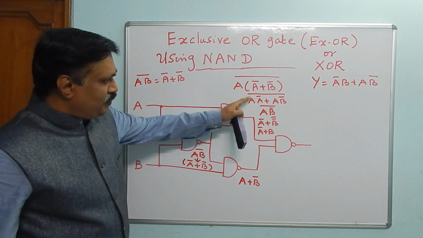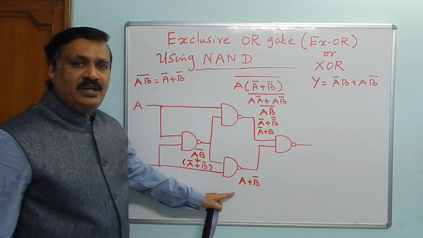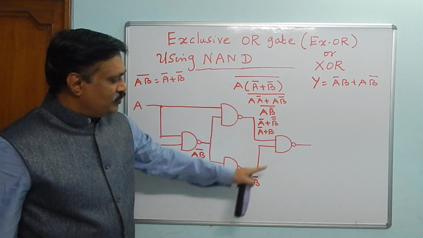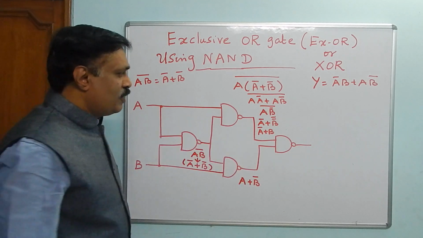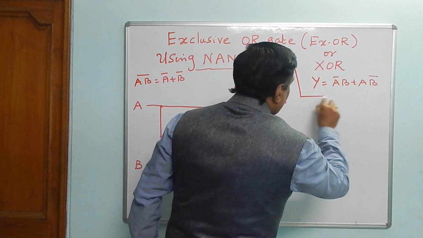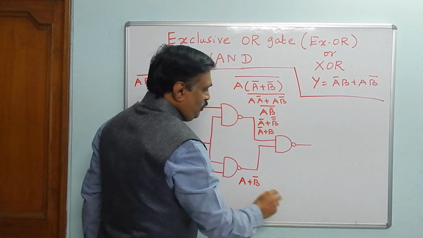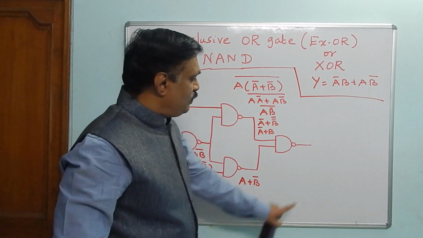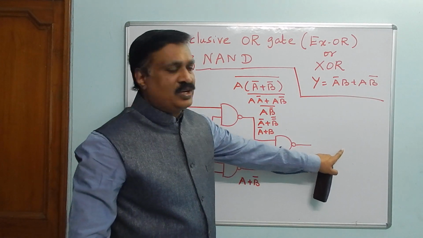If you simplify in this manner, you will get this one. Now these two inputs are going here. Therefore, I am writing here. Okay. What will we be getting here? Because it will be a lengthy equation. If I simply write, you cannot understand.